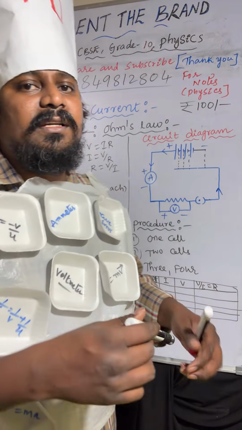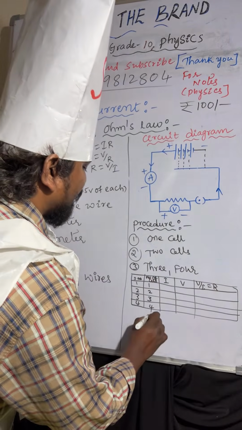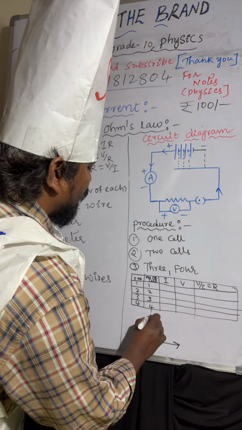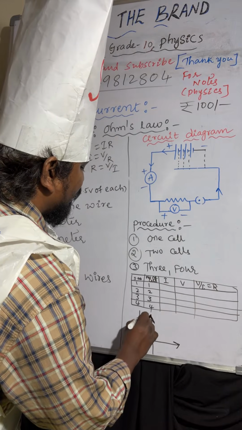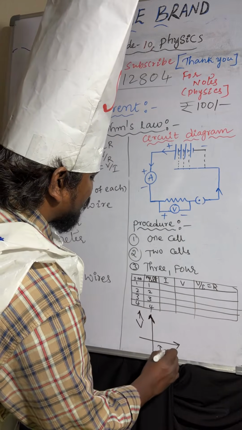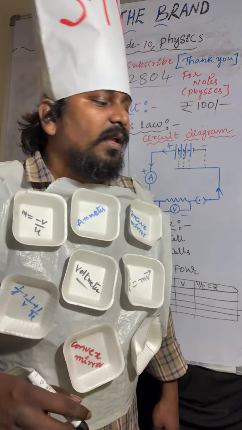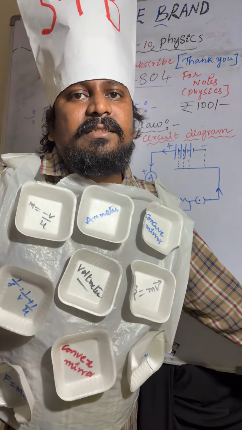Now you can observe here, I am taking the graph between V and I. The VI graph gives a straight line. Yes or no? So why is it a straight line?